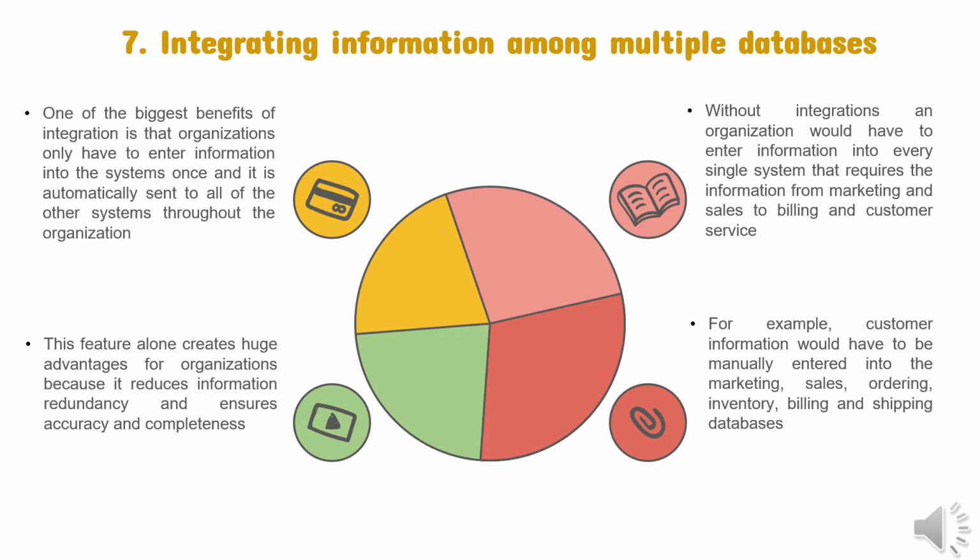Without integration, an organization would have to enter information into every single system that requires the information, from marketing and sales to billing and customer service. For example, customer information would have to be manually entered into the marketing, sales, ordering, inventory, billing, and also shipping databases.